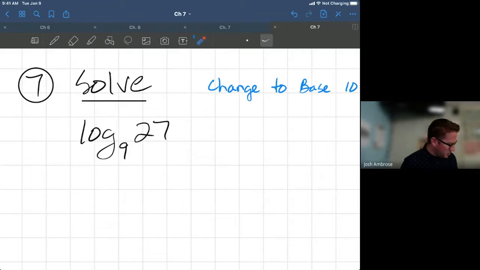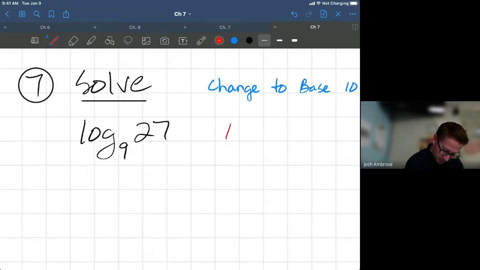All right, so if we change to a base 10, let's rewrite this so that we will no longer have this base 9. All right, that's not going to be the case. We're going to change it to a base 10, but we got to rewrite the whole thing to do that. So here's what we're looking at.